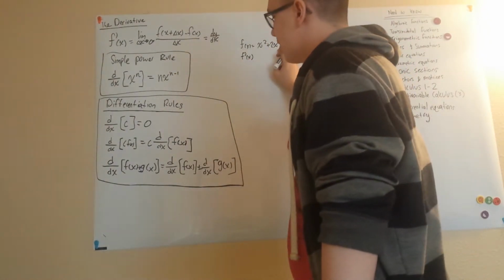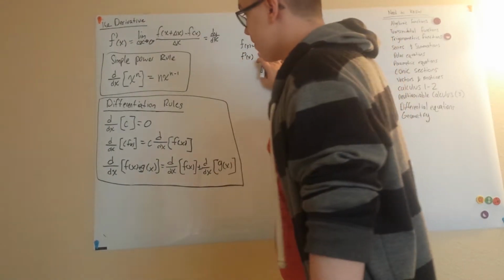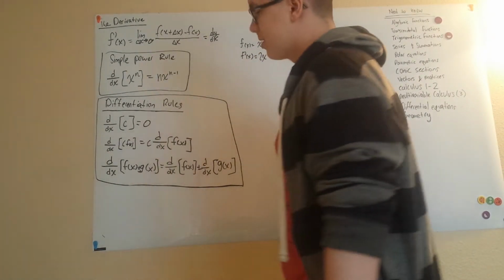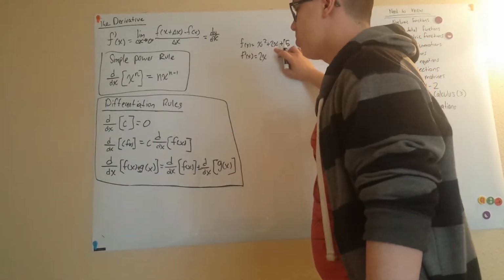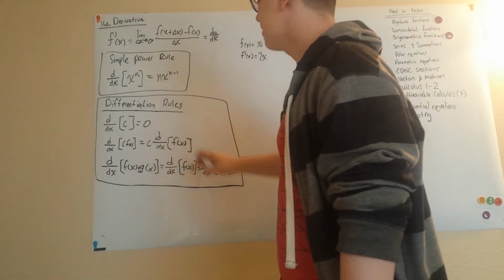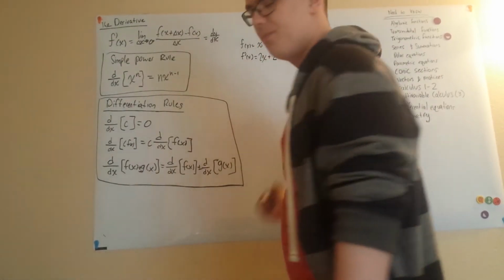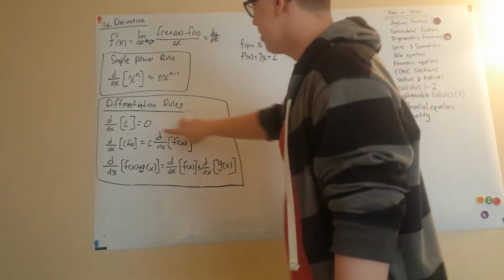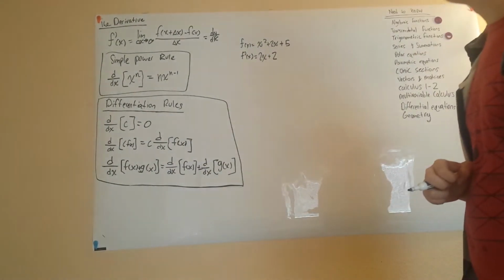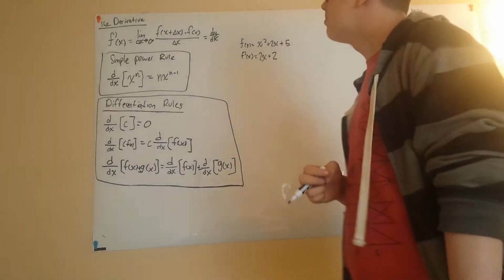We can differentiate each one by addition. The derivative of the first one, by simple power rule, is just 2x. We can use simple power rule and the fact that we can take constants out to differentiate the next one. That's just going to be 2. The derivative of a constant is just 0. So that's the derivative. Easy enough.